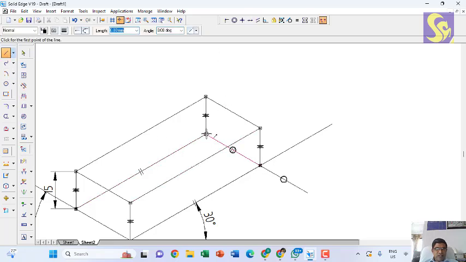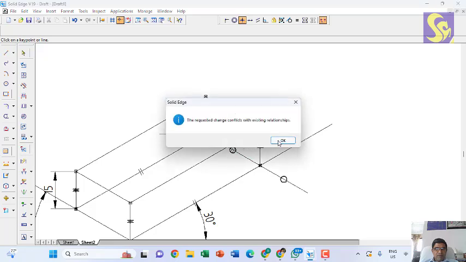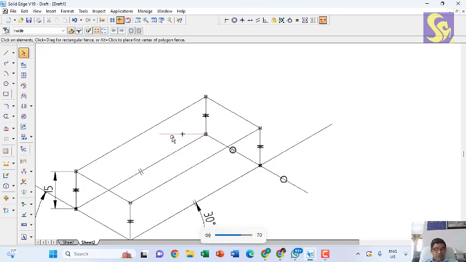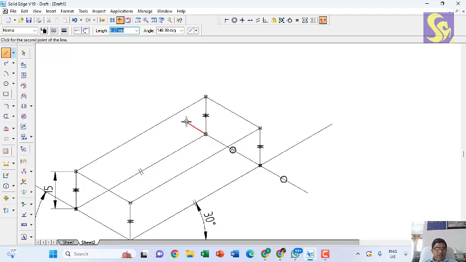and I'll take this collinear to this. Again I am making the mistake of making it horizontal or parallel. This line segment I have to make collinear.